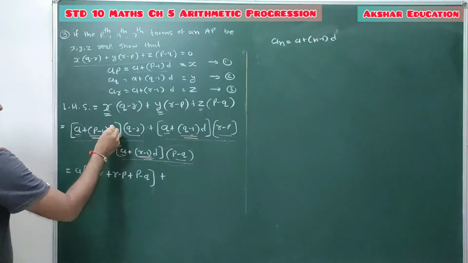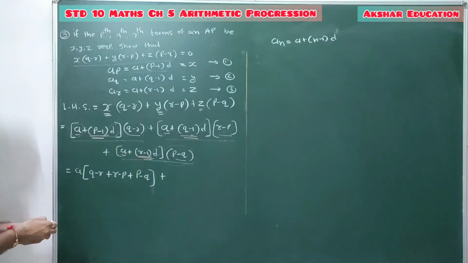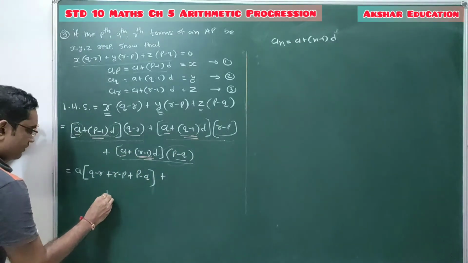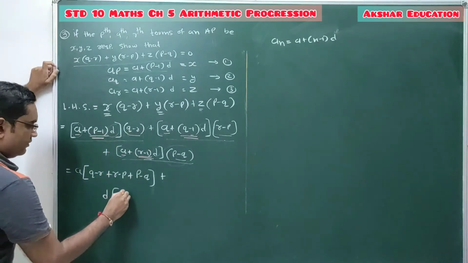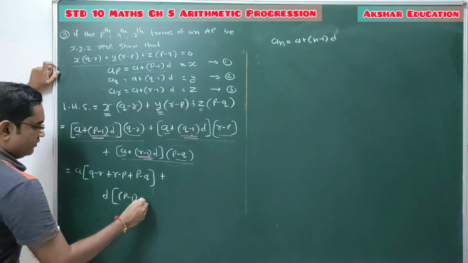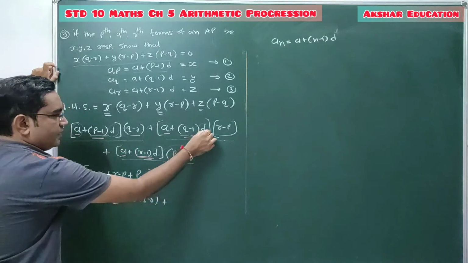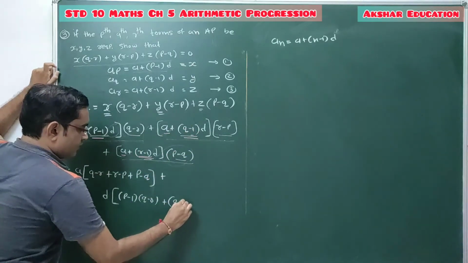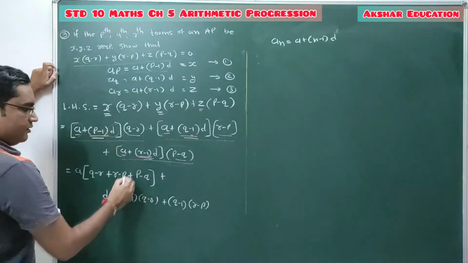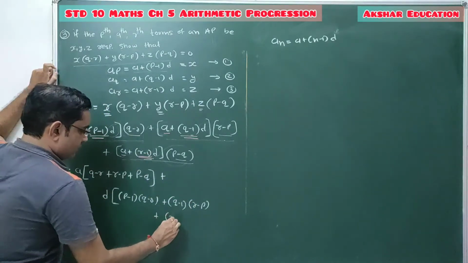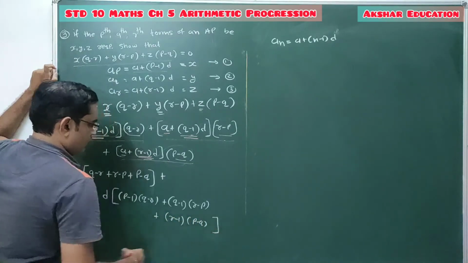So in all the second brackets, we can take d as common. So plus d is common now, and then we have to multiply this (p minus 1) with (q minus r), plus (q minus 1) with (r minus p), and again d is common, plus multiplication of (r minus 1) with (p minus q).